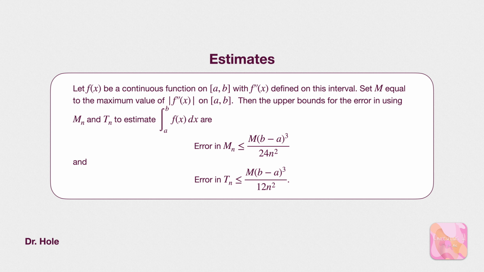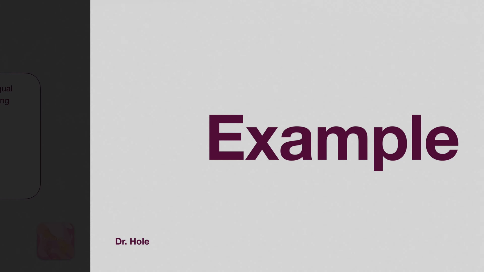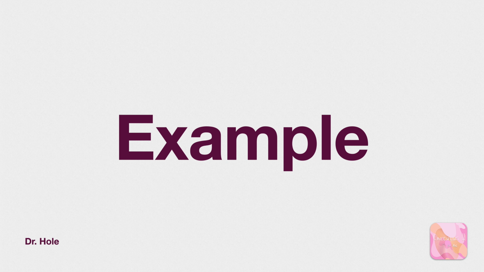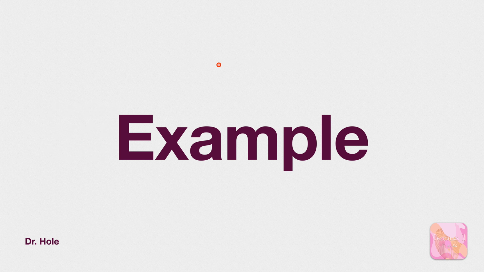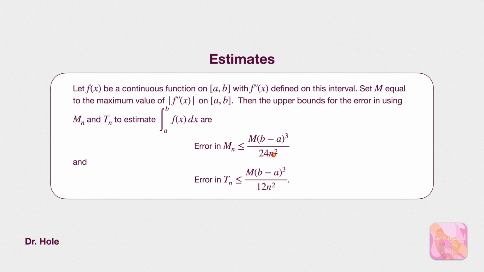All right, let's look at some examples. Let's go back and look real quick that there is an n appearing in the bounding value. And the example that we're going to look at is asking for us to take advantage of this n appearing in the right-hand side and solve for the n.